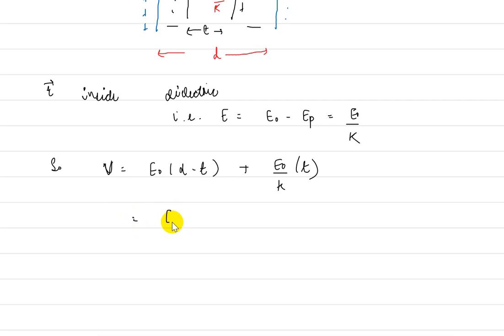So we can take E naught common, and we get D minus T plus T by K.